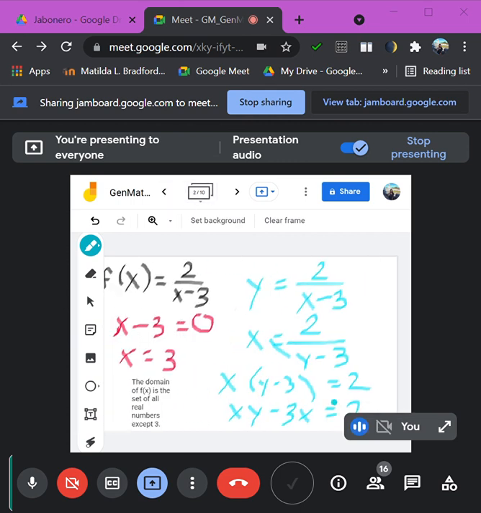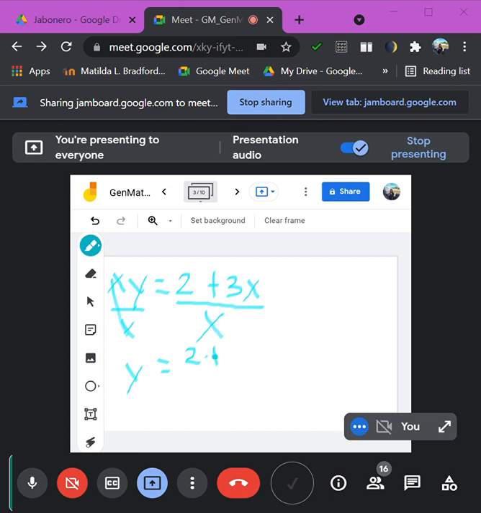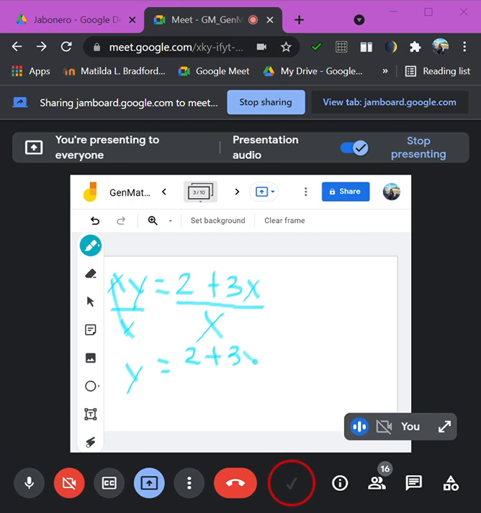As you can see, we just transferred it to the right. Then you can divide both sides by x so that y is left. So what remains is y is equal to 2 plus 3x over x.